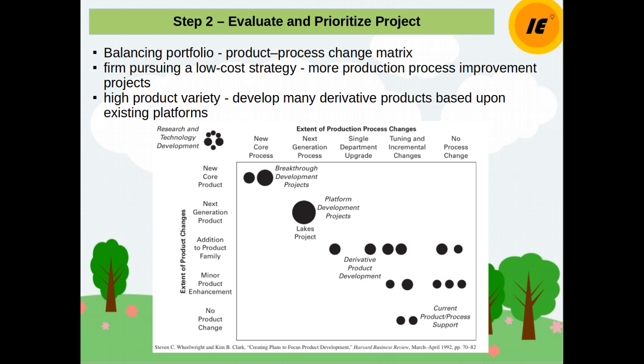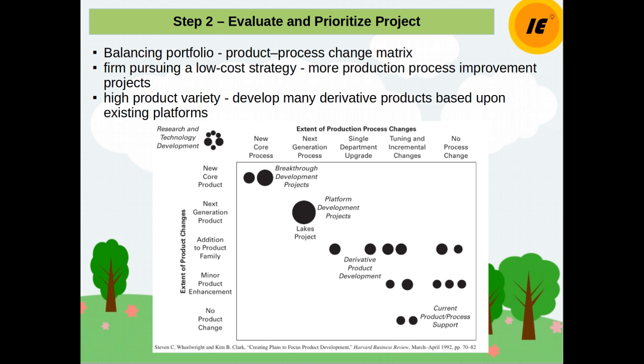Basically it plots the portfolio projects along two specific dimensions, as also shown in the figure here: the extent to which the project involves a change in the product line and the extent to which the project involves a change in the production process. So on the y-axis we have the extent of product change, and on the x-axis we have the extent of production process change.